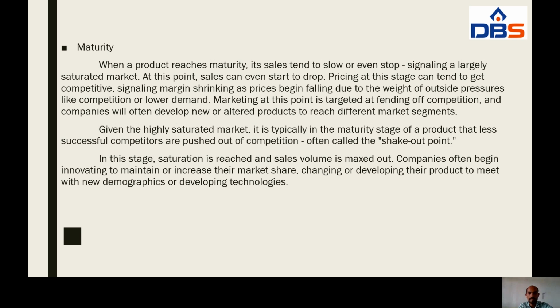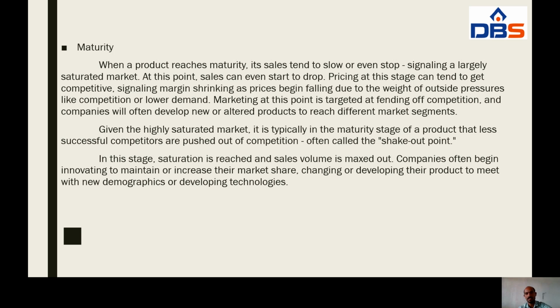And the next one, maturity stage. When a product reaches maturity, its sales tend to slow or even stop, signaling an already saturated market. At this point, sales can even start to drop.